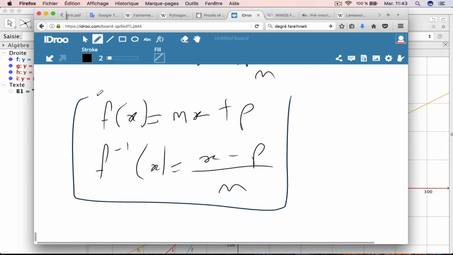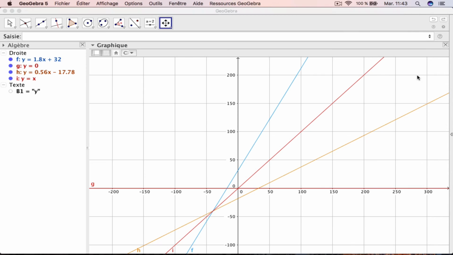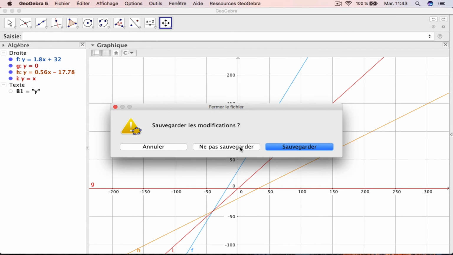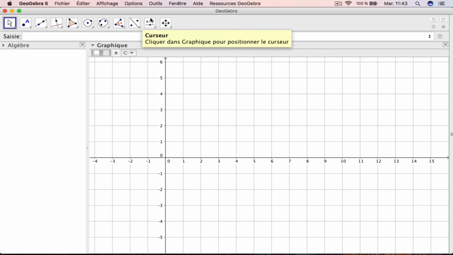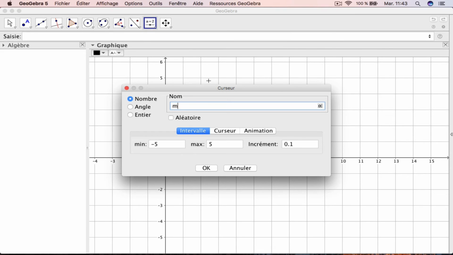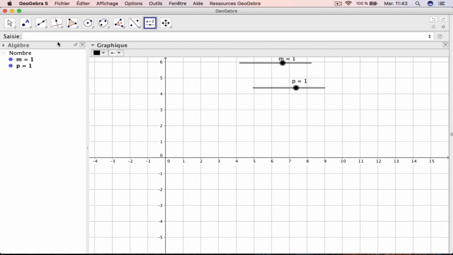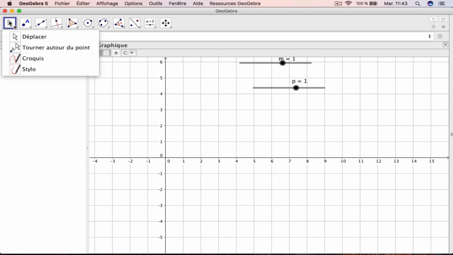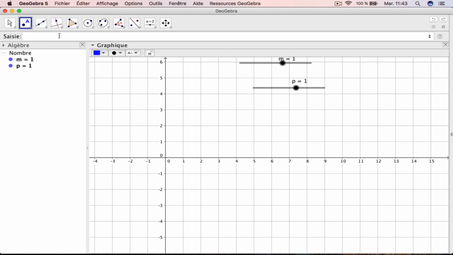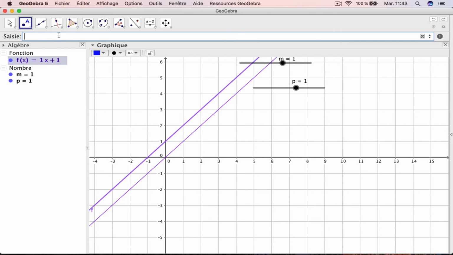Now we can have a general formula. Let's look at this. So let's do a new one. Okay, let's use here for m and here for p, so we can manage and change values. First, we've got f of x, which equals m times x plus p.